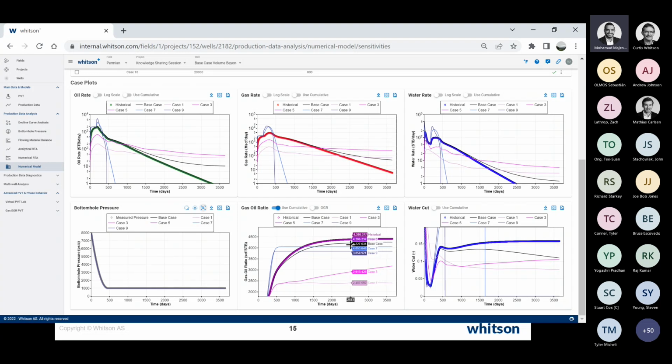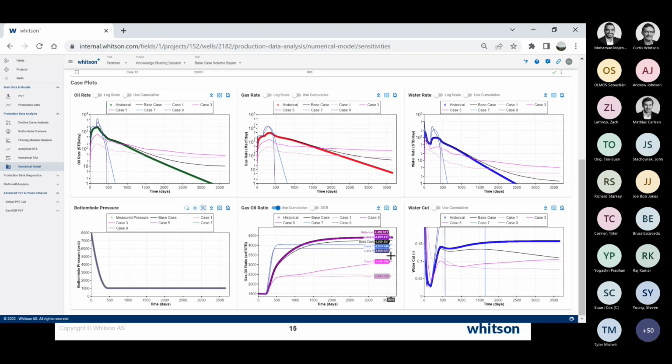So it seems like there's no clear trend, at least from this. As the case number increases, the matrix permeability increases basically. This is plotting the cumulative GOR for that. Okay, I can remove the historical there.